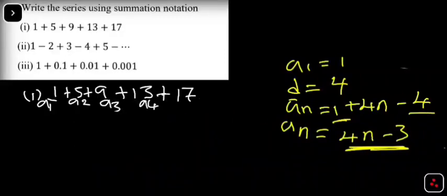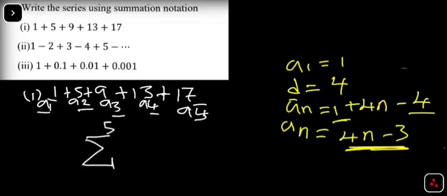Now the next thing we're supposed to do is find the summation. Since we have 5 terms, as you can see, a1, a2, a3, a4, and a5, our summation will go up to 5. So let us write the notation. Using the sigma notation, how many terms do we have?